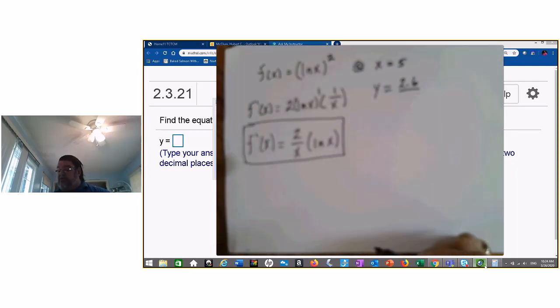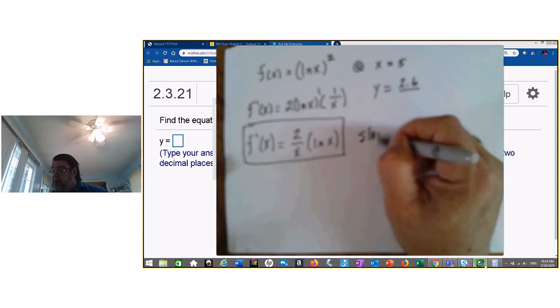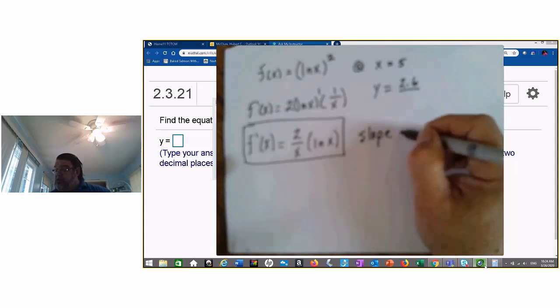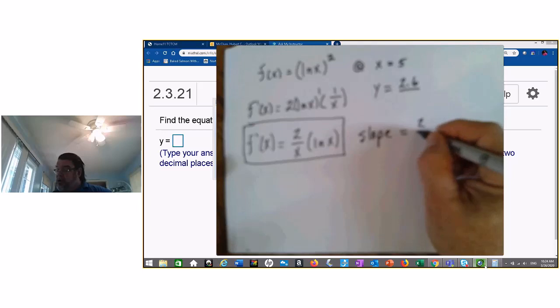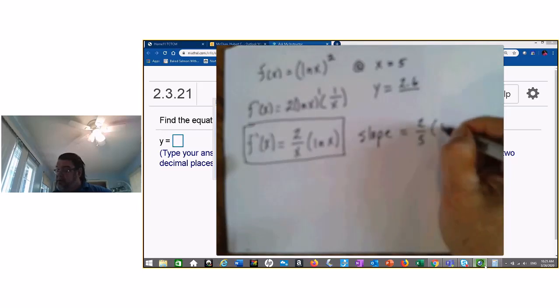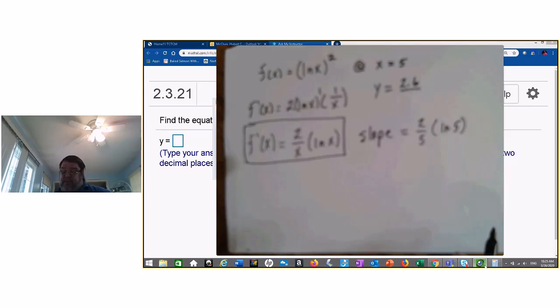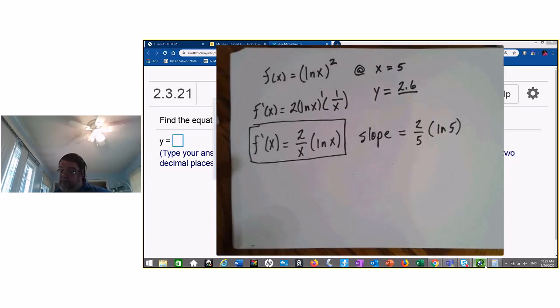Now I've got to find the slope. Slope is equal to, take that 5, plug it in, 2 over 5 times the natural log of 5. So the natural log of 5 times 2/5, which is equal to, is that 0.4, right?